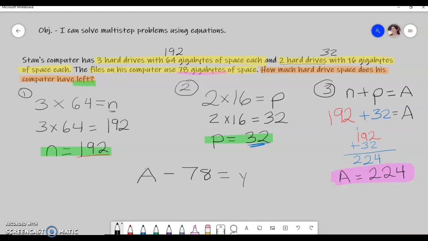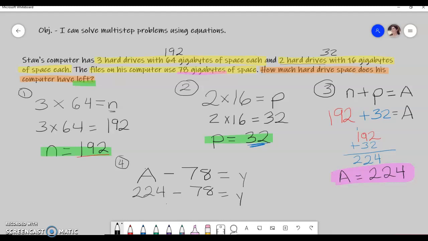So we're going to plug in our A, which is, and this is step 4 by the way, A is 224, so 224 minus 78 equals Y. So now we just need to subtract 224 minus 78 because there's 224 total gigabytes of space, and we know that there's only 78 gigabytes of space being used right now. So 224 minus 78, give you a second.